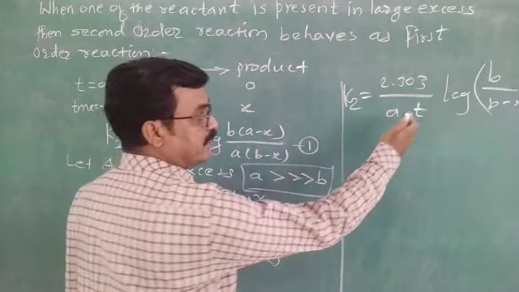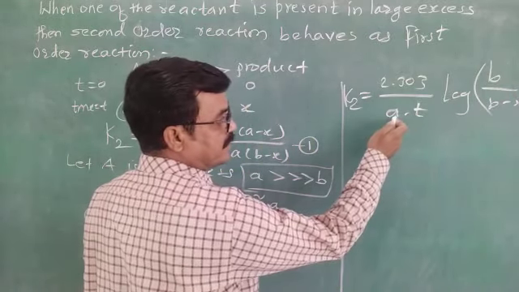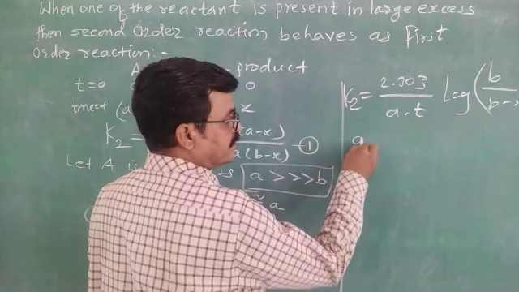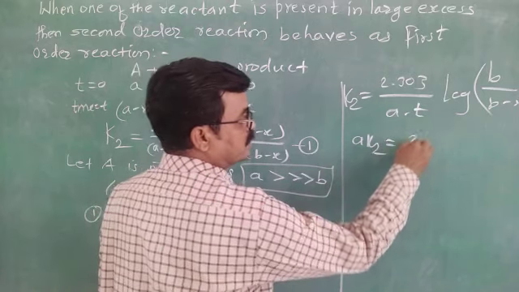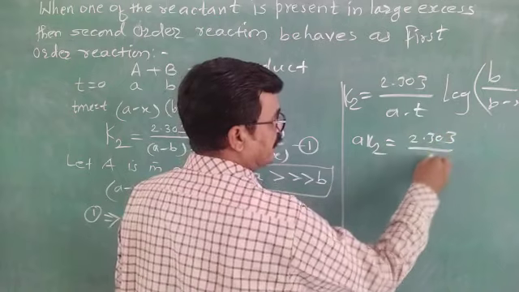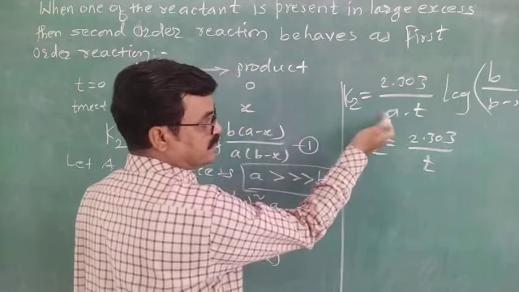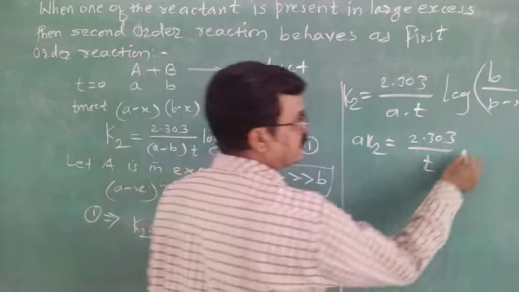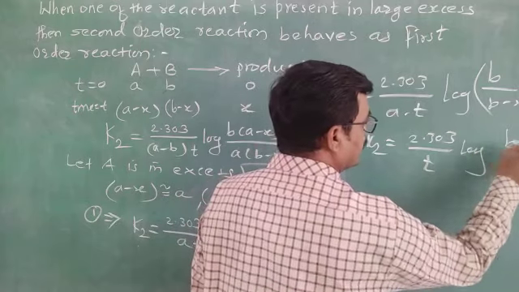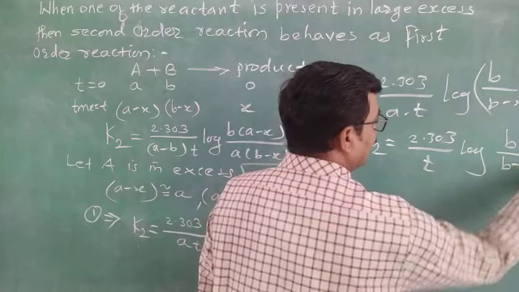Now here, there is a t, and there is a small a, so a into K2 is equal to 2.303 upon t. By cross multiplication this a comes here, into log to the base 10 b upon b minus x.